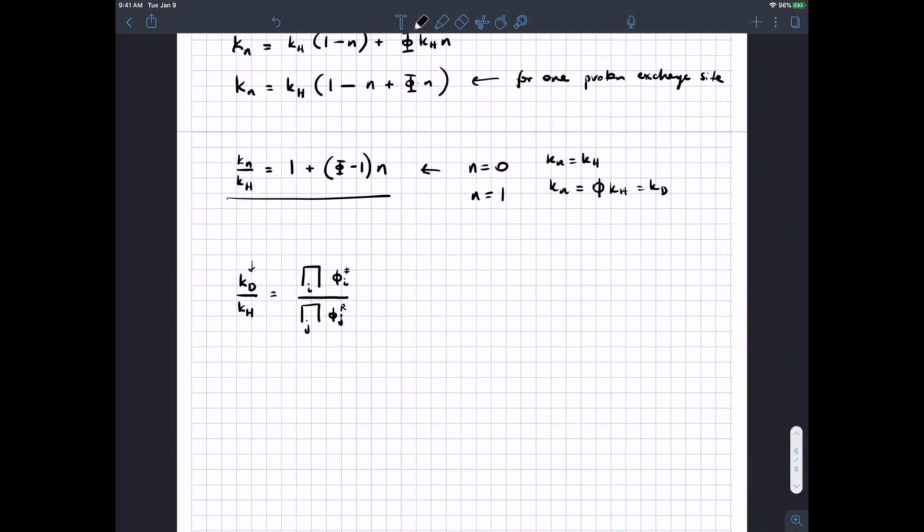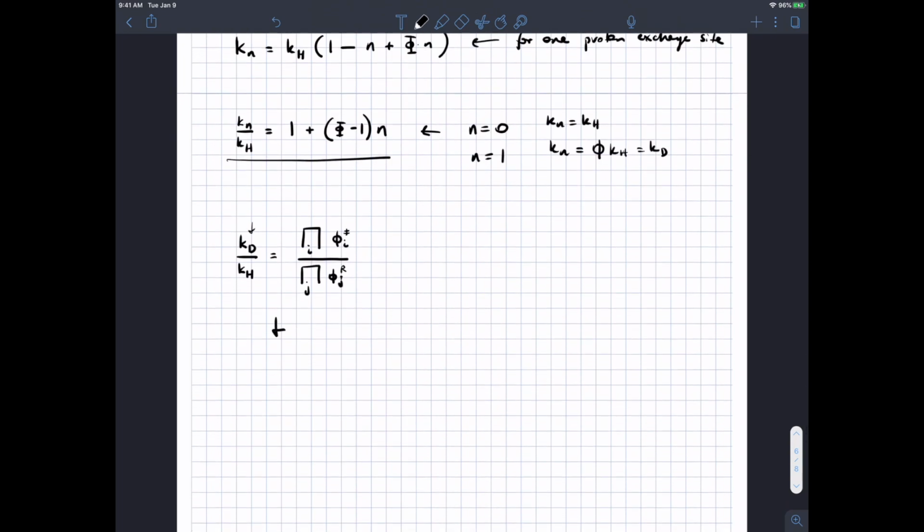And based on our analysis here, we're going to rewrite our equation Kn over Kh as equal to the product of 1 plus capital phi minus 1 times n, where this is for site i in the transition state, versus the product of 1 plus capital phi in the starting material for site j times n, where again n is the fraction of solvent that is deuterated versus proteated.